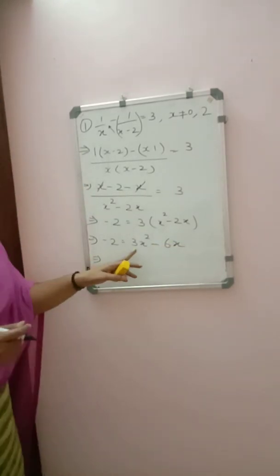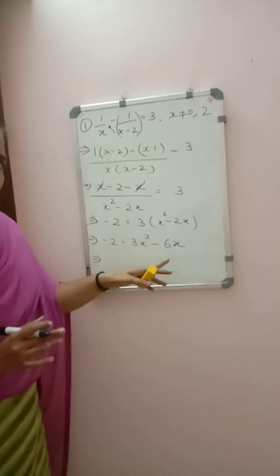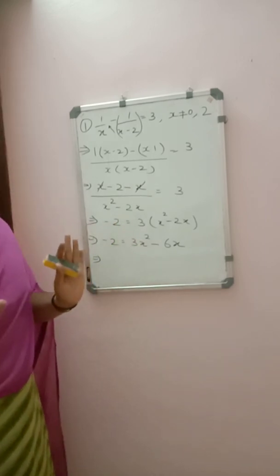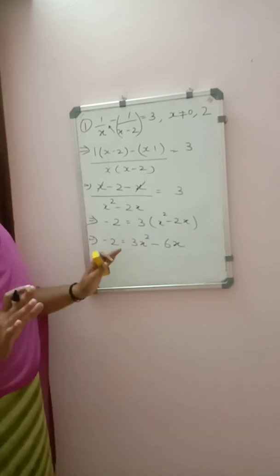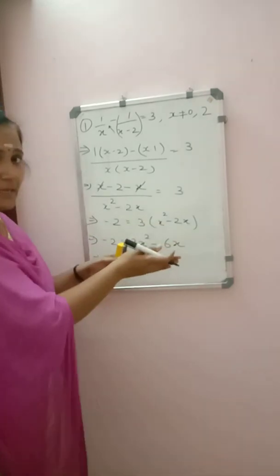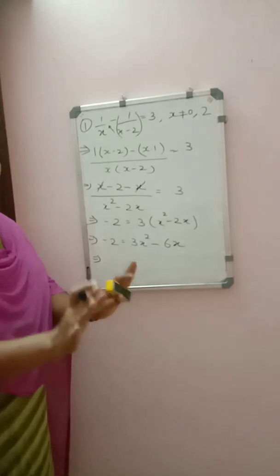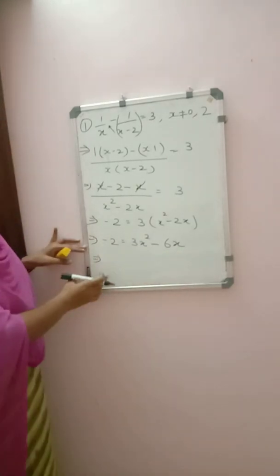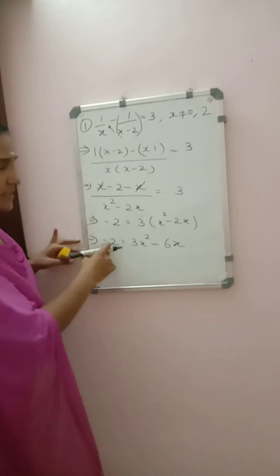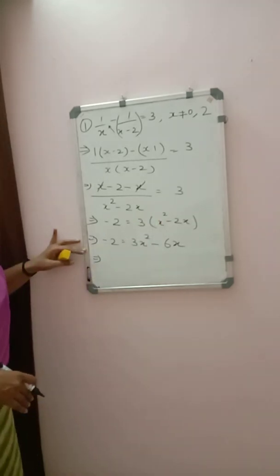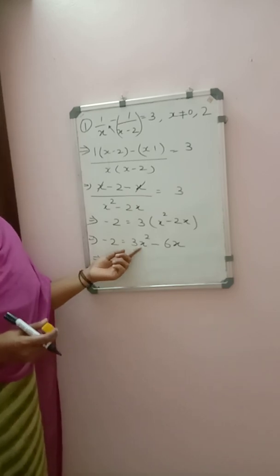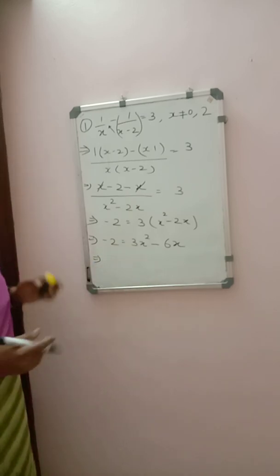Now we are getting a quadratic equation. Whenever we get a quadratic equation, the first thing is you have to make one side equal to 0. Right hand side doesn't mean that this side only should be equal to 0; any one side should be equal to 0. So instead of shifting both expressions to the left hand side, it is easy to shift minus 2 to the right hand side, and we do this so that the coefficient of x square is positive.